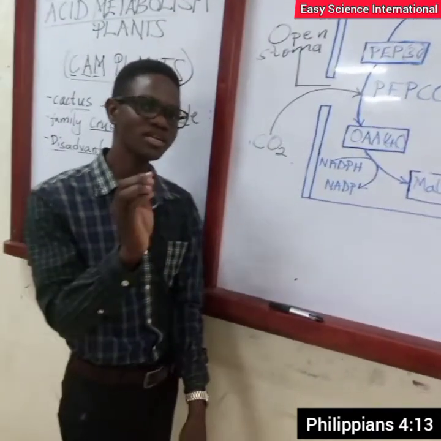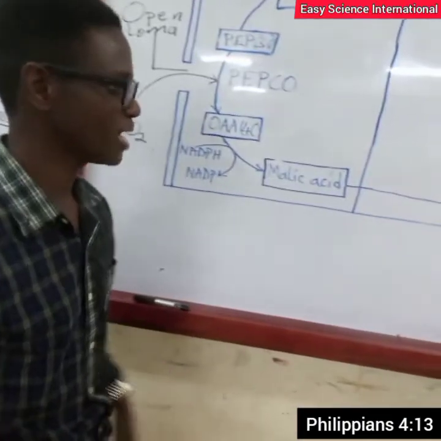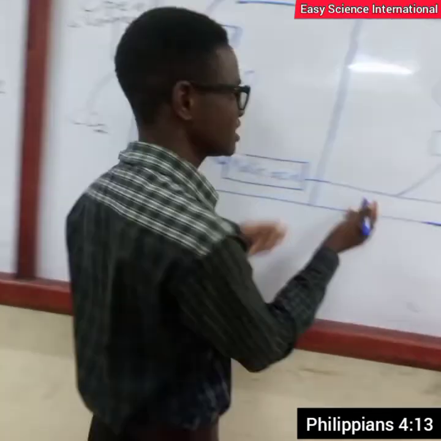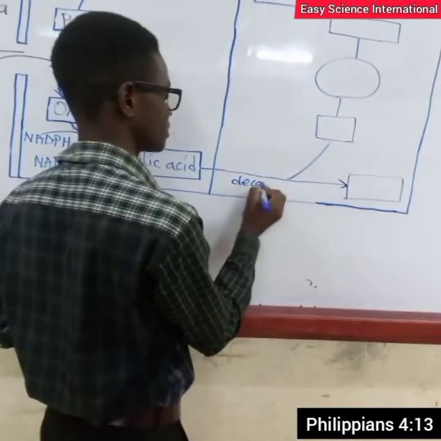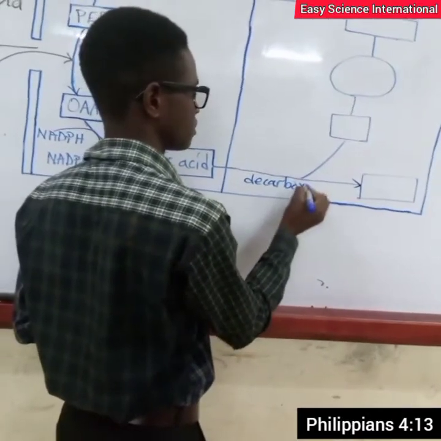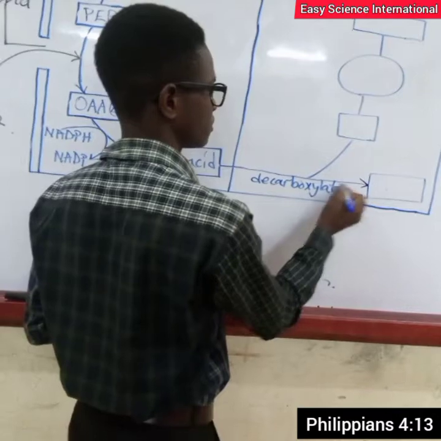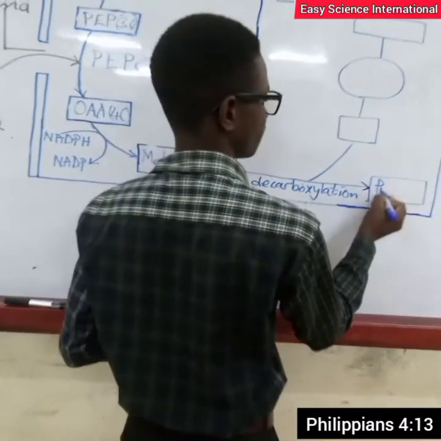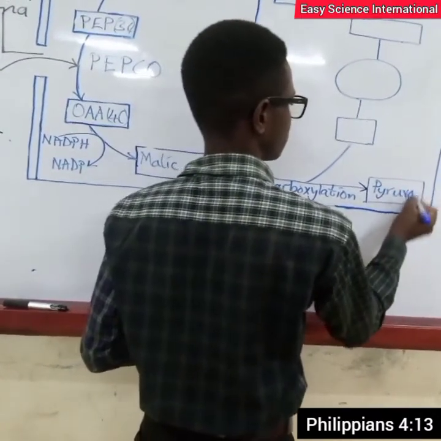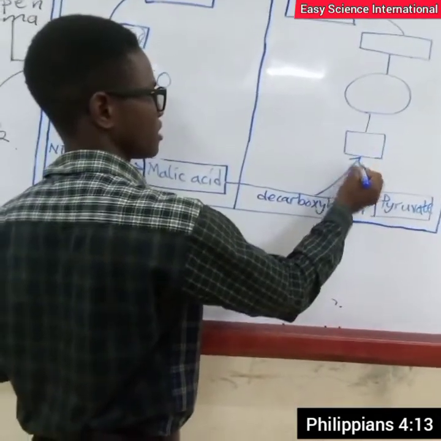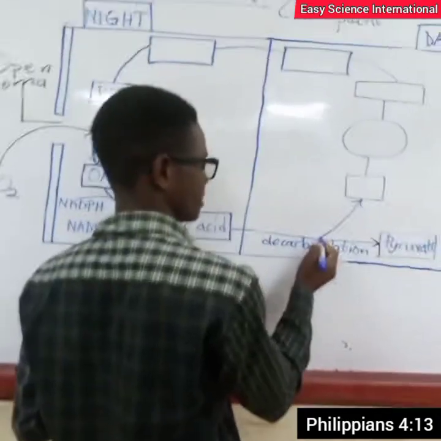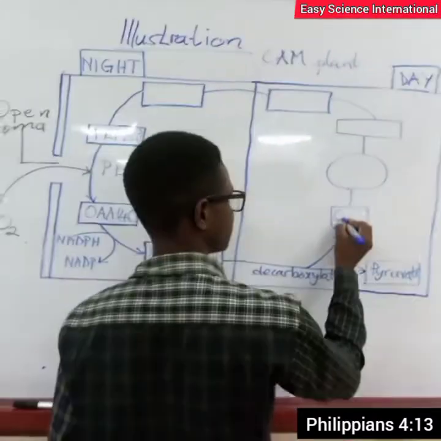Now, during the day when the stomata are closed, what really happens? Malic acid is then decarboxylated in the process of decarboxylation to form pyruvate and carbon dioxide. Remember, decarboxylation is the removal of carbon dioxide.